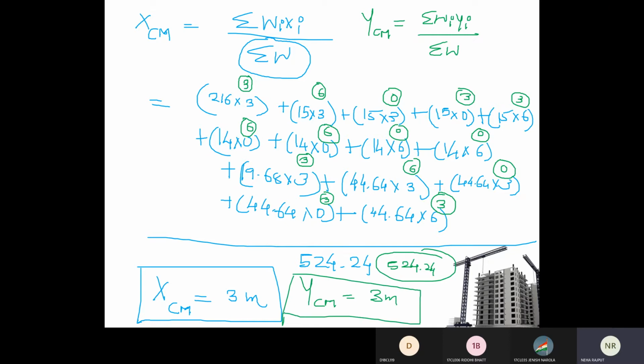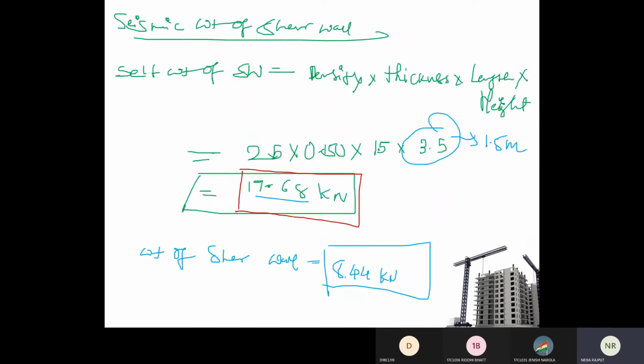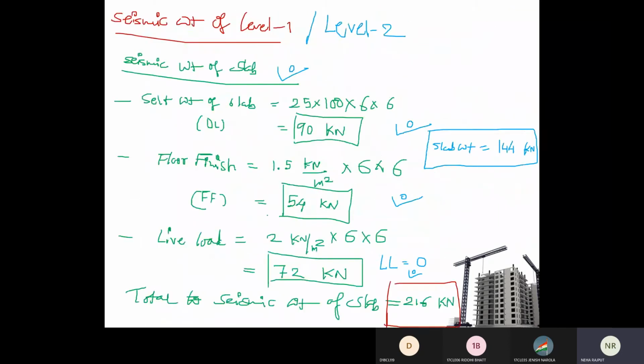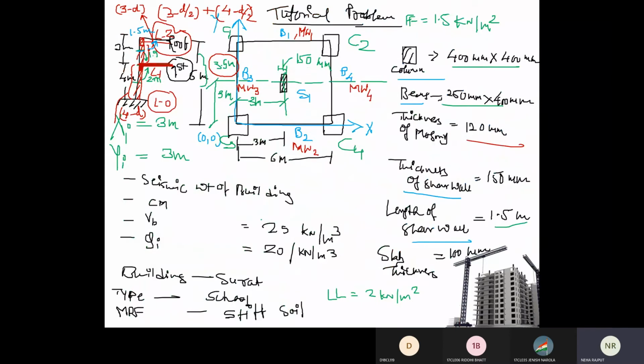Right? So for a very small plan you can do it manually by this kind of calculation. But if you want to do it in Excel, then you must be clear about each and every term that you are inserting in your cell.